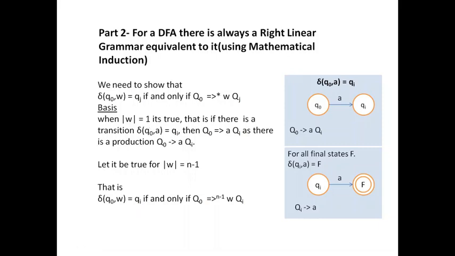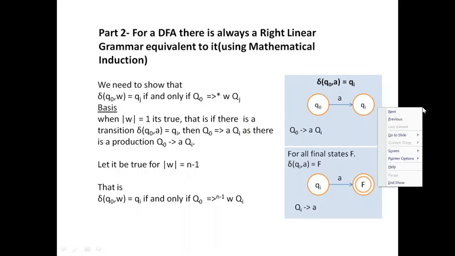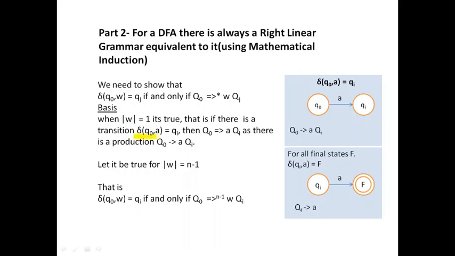The basis is true because for any transition Q0 on A, if you have a transition to state Qi, then correspondingly in the right linear grammar there will be a production Q0 giving A Qi.